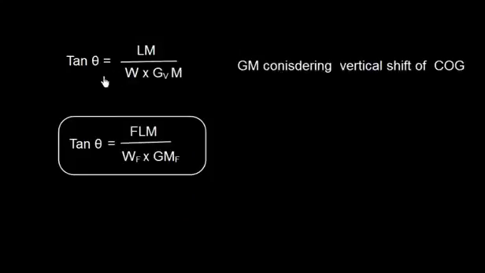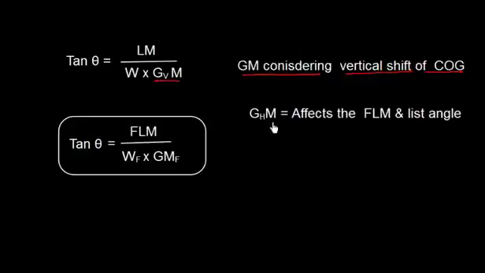Now tan theta can be written like this: list moment divided by W into GVM. Now this GVM, we consider the GM with the vertical shift of center of gravity. Okay, now we should also note that GHM, this horizontal one, will affect the final list moment and the list angle, and this vertical shift will affect the list angle.